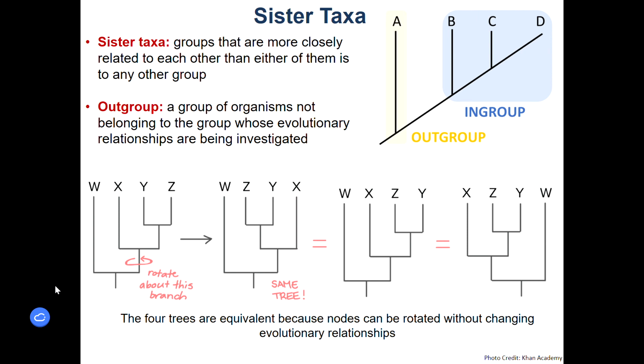You can even rotate this one if you wanted to. It's still showing the same relationship. It's still showing that the purple organism diverged first, and then we know that the yellow one diverged next. So even though I twisted it around, it is still the exact same tree.